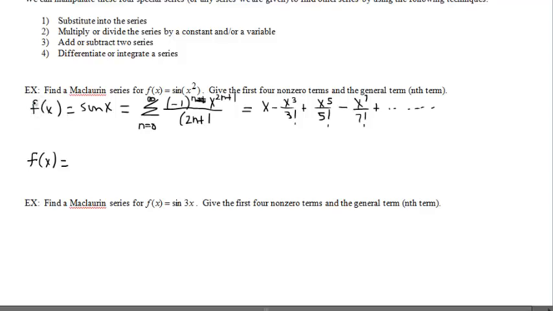If it made you feel better, call it g, since f of x is going to be defined to be sine of x squared. Everywhere I see x, I'm going to replace it with x squared. It's like a composition. So we're doing that for the first 4 non-zero terms and the general term. Everywhere you see x, replace it with x squared.